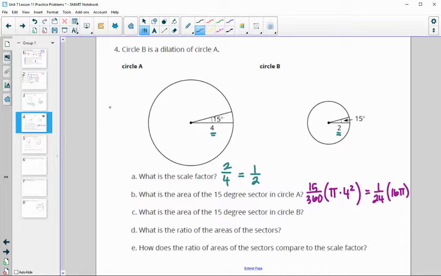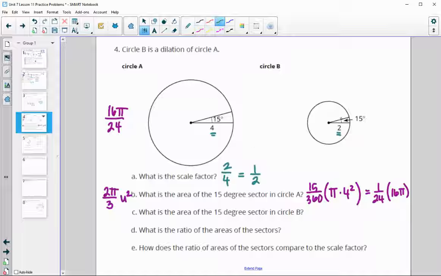So I'm just going to simplify that over here. We have 16 pi over 24, and both of those divide by 8. So this would be 2 pi over 3 units squared for the area of this slice in circle A.